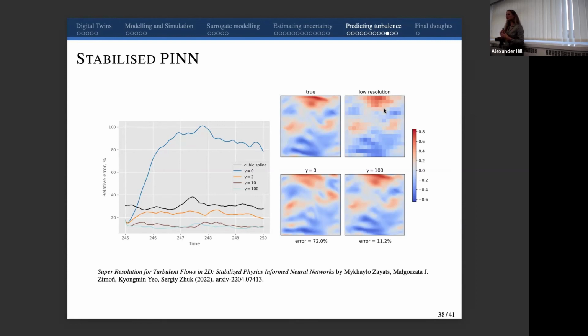Below a certain resolution, there's not much you can do, because you lose so much information that even introducing some partial differential equations into your network architecture will not help, because you just don't have enough information. In our case, the lowest resolution that we considered was 16 by 16 squares. It would not work for less than that.